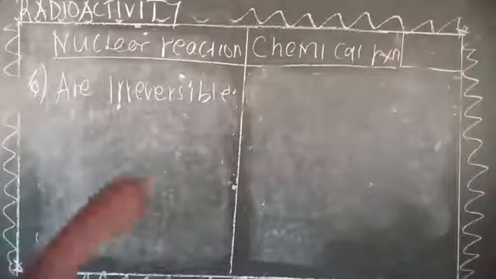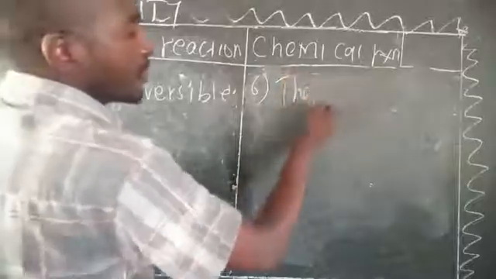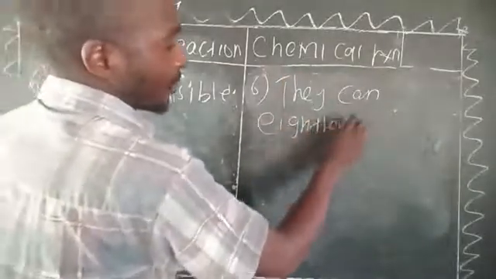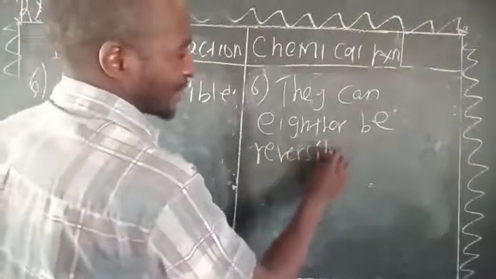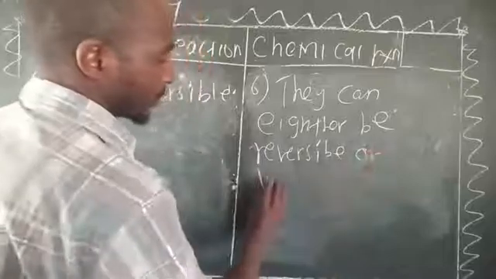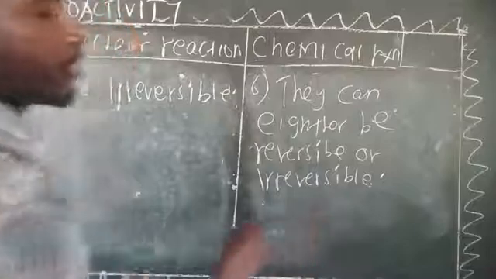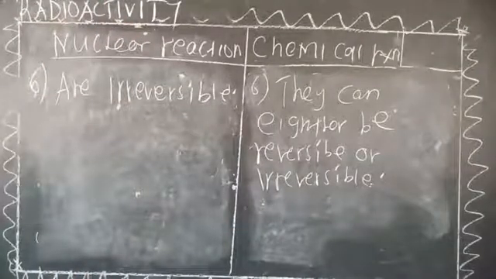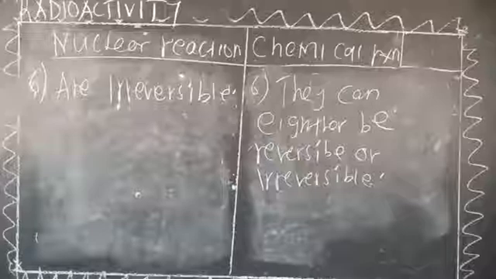But then, for chemical reactions, they can either be reversible or irreversible. And those are the main differences between nuclear reactions and chemical reactions.